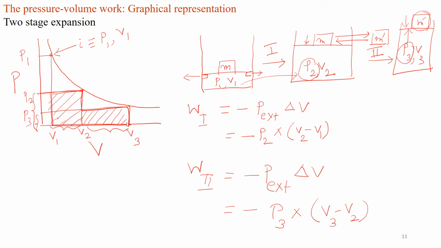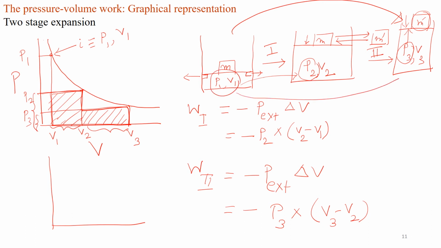We see that if we had done a single stage expansion, meaning if we had skipped steps 1 and 2 and gone directly from an initial state with pressure P1 and volume V1 to a final state with pressure P3 and volume V3, then the external pressure would have been P3, and the work done would be simply the area under this curve, which we just discussed.